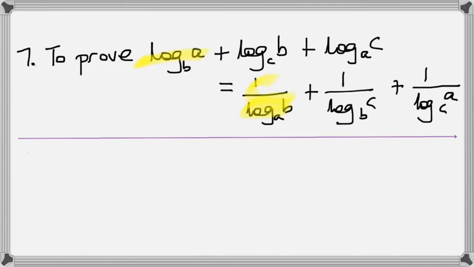Now there's another key thing which I've noticed here, and that is, do you see the first term on the left hand side has a base of b, and the first term on the right hand side has a base of a. So this tells you there's got to be some change of base happening here. And then on the right hand side, that's a base of a. Now look at the numerator, that's 1.